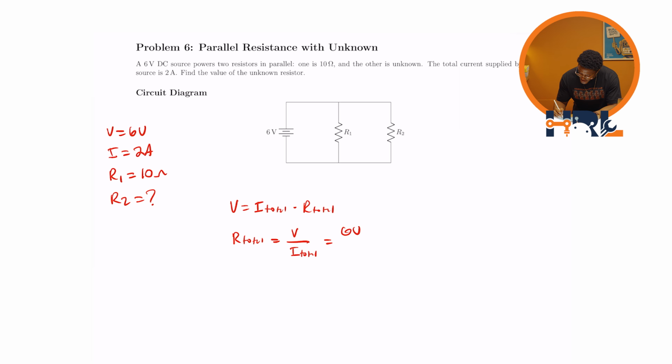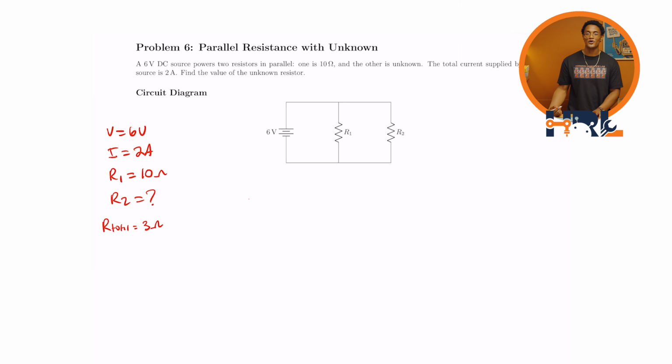So we have 6 volts divided by 2 amps. So the total resistance in this circuit is 3 ohms of resistance. Keep that in mind. So now that we know what the R total is, we can use the parallel simplification equation to work backwards to figure out what that unknown resistor is.